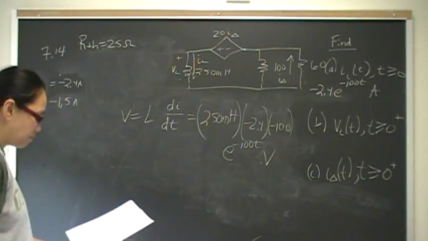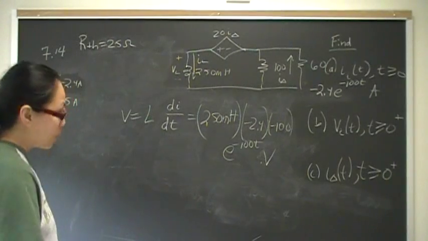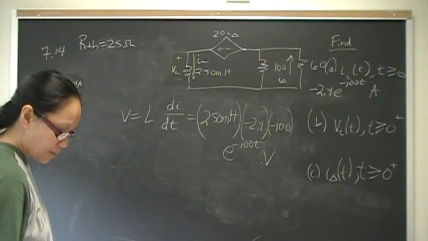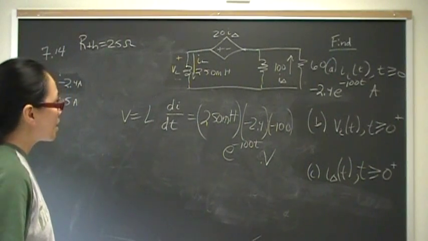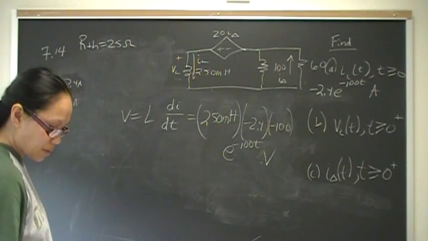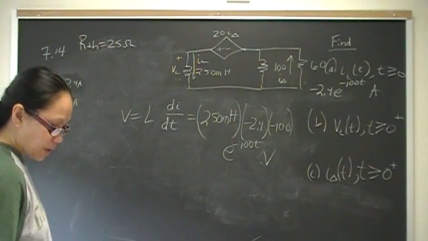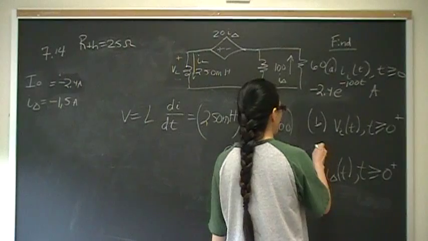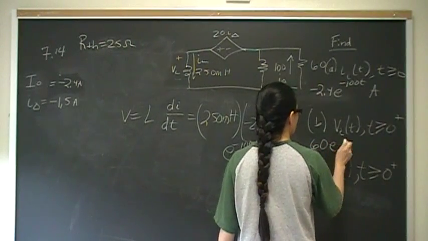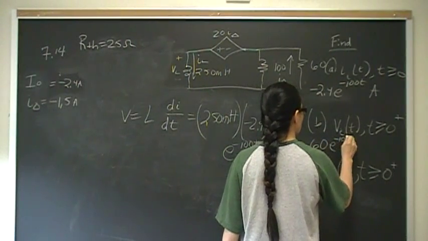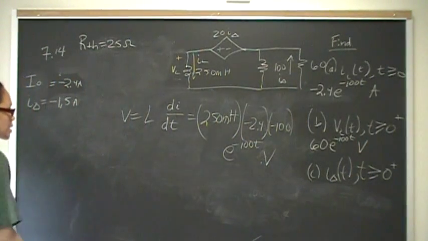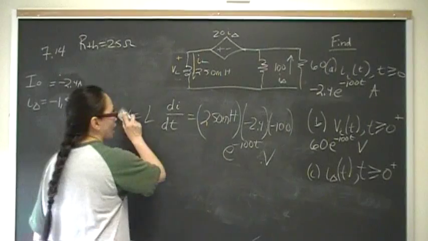So 250 e minus 3 times negative 2.4 times negative 100 gives us 60. So the answer for part B is 60 e to the minus 100 t volts. That's the general equation for the voltage drop across the inductor after the switching happens.